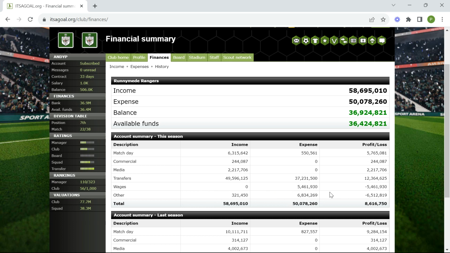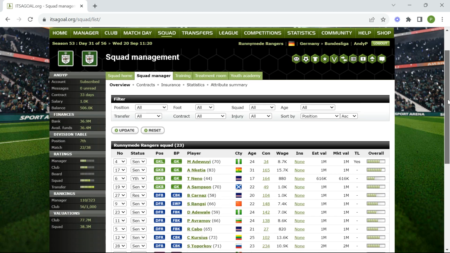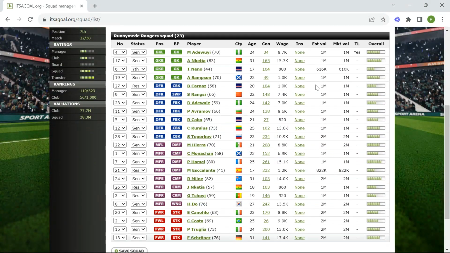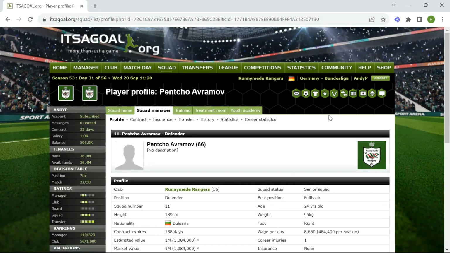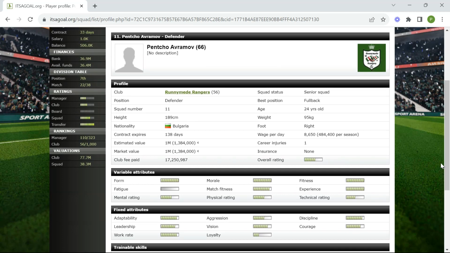So let's have a look at players' contracts, and you can see that here they are. So here's all the wages that you are paying a player. This is a daily wage, whether they play or not. And if you go to any player, they will also demand bonus payments for their participation.